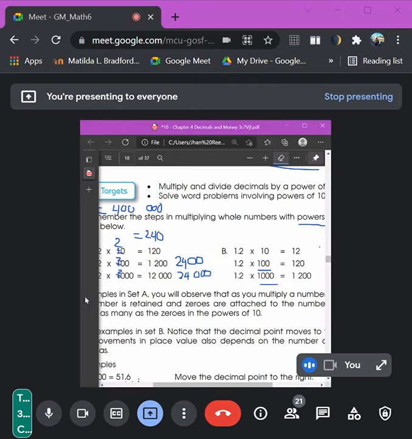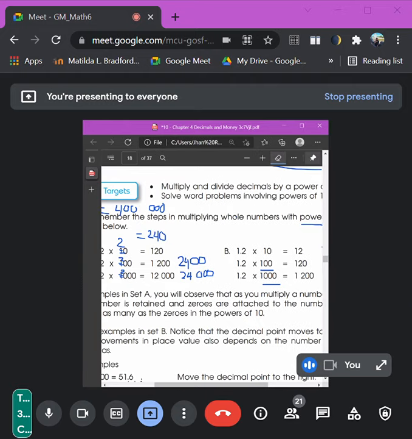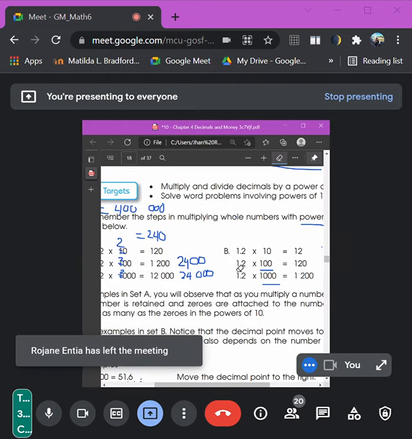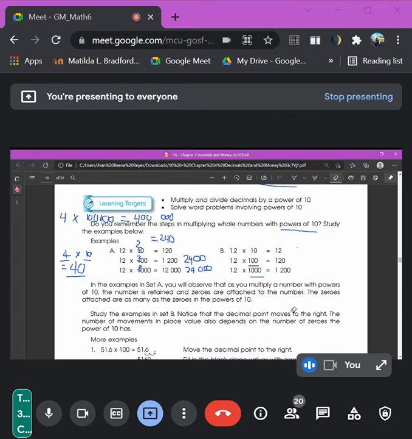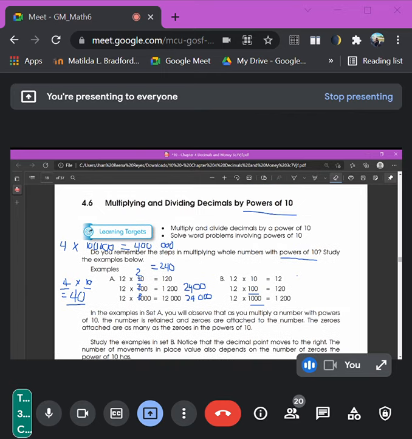Actually, there are 2 steps when we multiply decimals with powers of 10. The first step is you can just multiply directly. For example, 1.2 times 10.